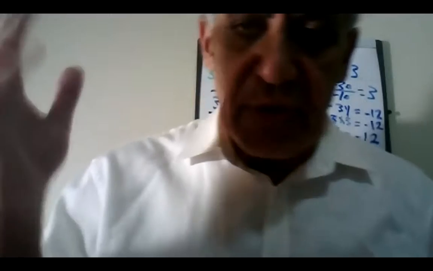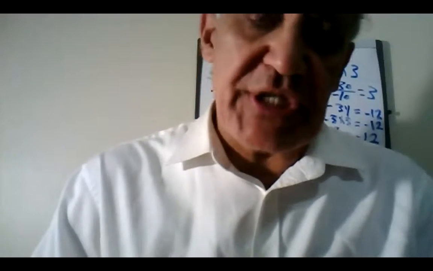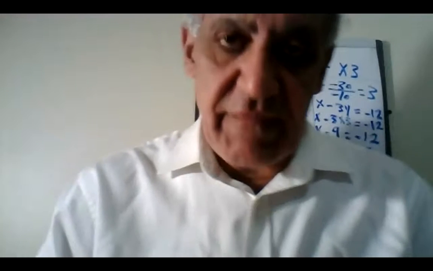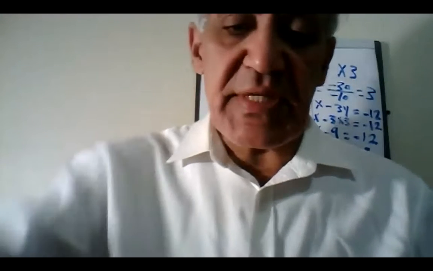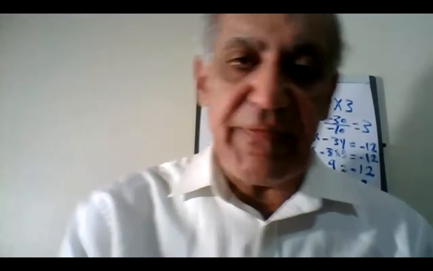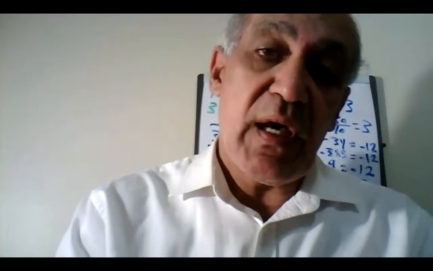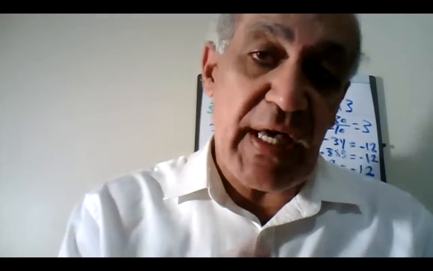So here I showed you how we solve the two-variable equation problems and how to find the x value and the y value. And this should be the end of the class. But before I finish, I want to show some extra examples.